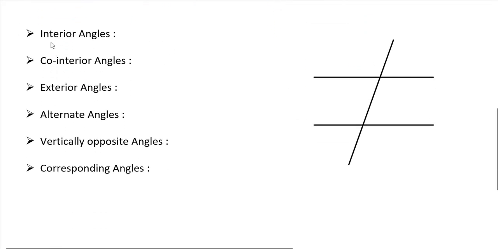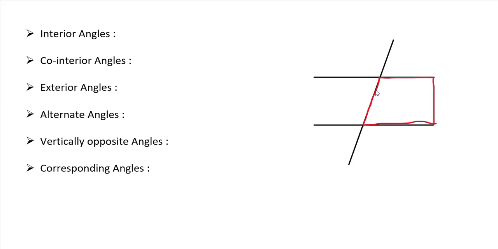Now we will discuss one by one each of these angles: interior angles, co-interior angles, exterior angles and so on. Let us consider this figure. I'll just join these 2 points. Now focus on this part of the figure, the one which I have highlighted with red. So let us start with interior angle.